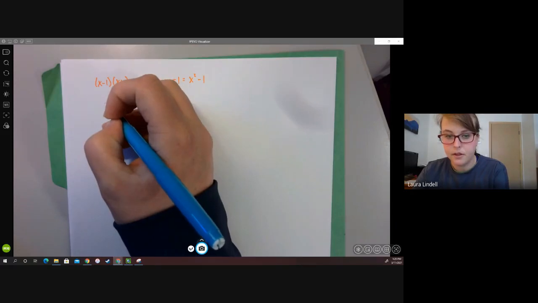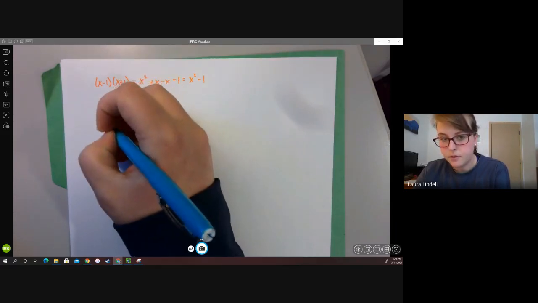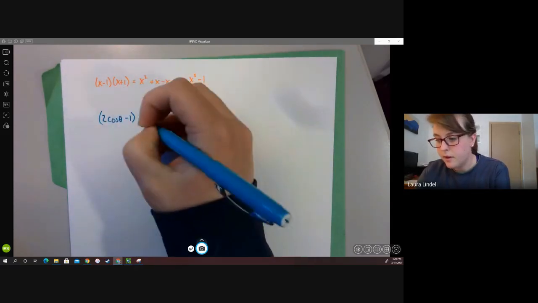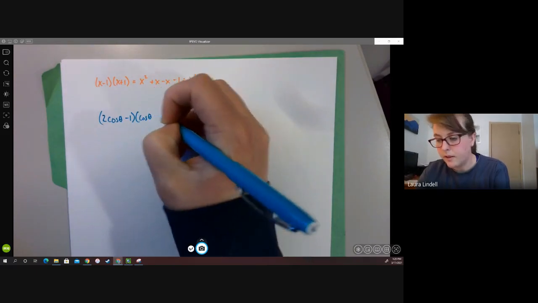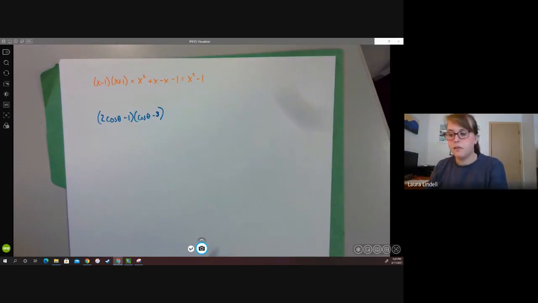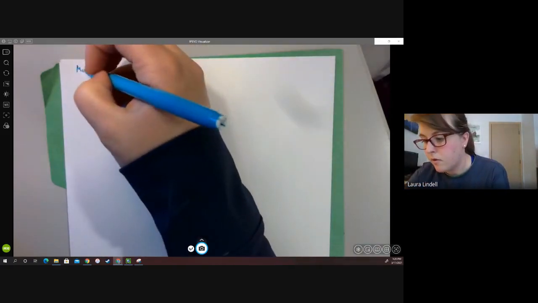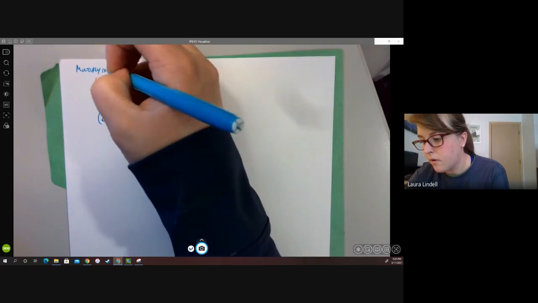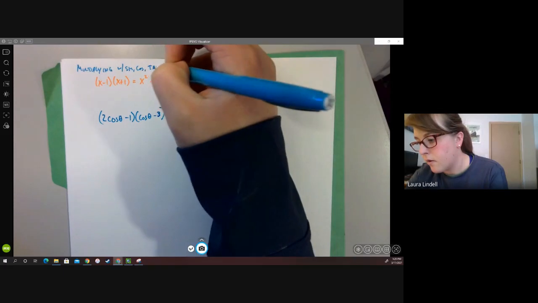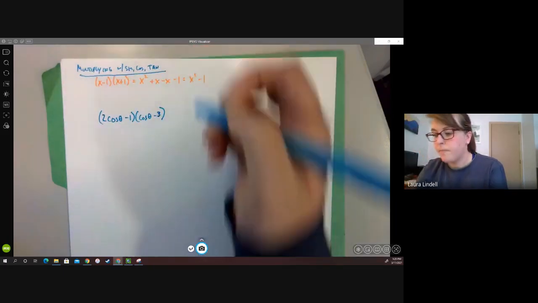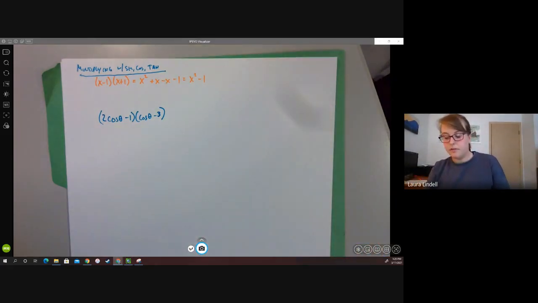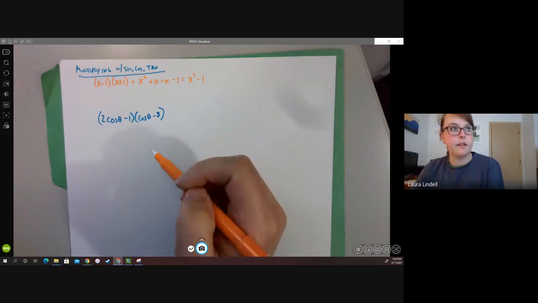So we're going to do, let's go with 2 cosine theta minus 1 times cosine theta minus 3. We're going to multiply these. Okay, so it's going to go the same way with double distributing as it does on something like this.